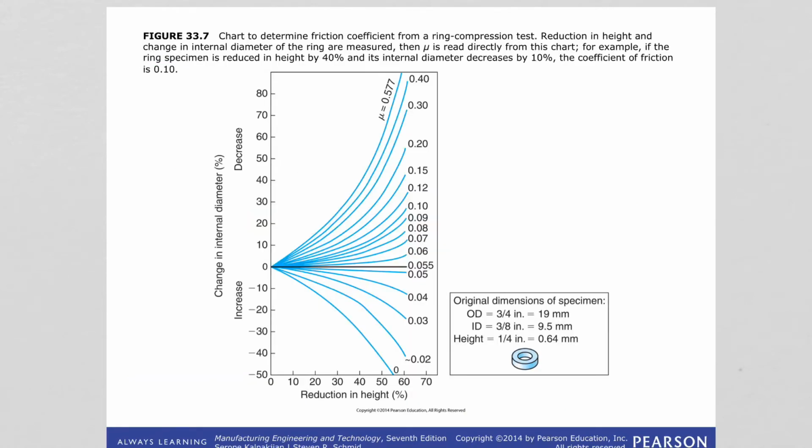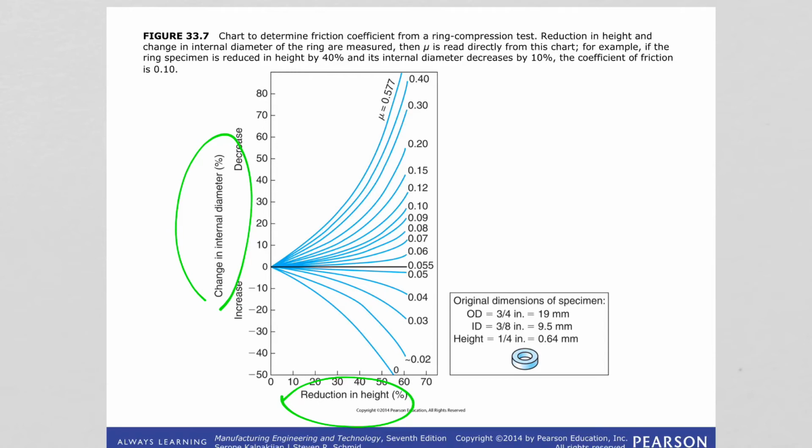So how do we determine the friction coefficient from a ring compression test? We have information about the reduction in height, and we have information about the reduction in internal diameter. Based on that, we can read the friction coefficient from this chart, which was determined experimentally.